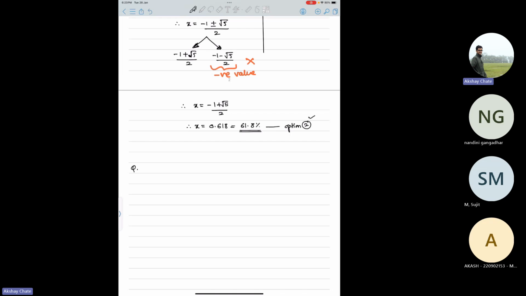So there is a class. I'll just write the question so that you understand how they try to twist the language of the question.